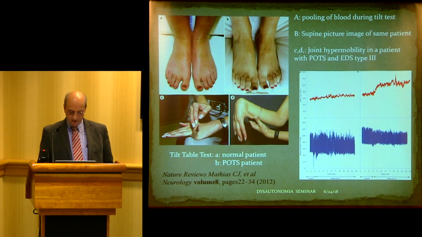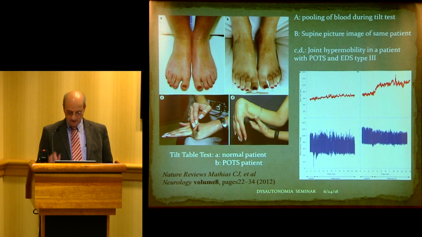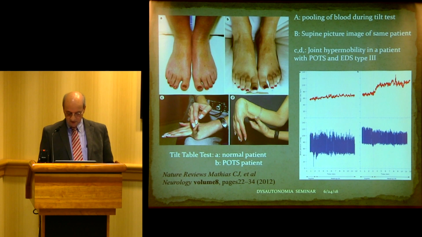with a normal set of graphics on the left as you look at it, and you can see on the right, when you look at that vertical line and you see the red manifestation of the heart rate, the vertical line is the onset of tilt, and you can see that within a relatively short time there is a significant increase in the blood pressure and the heart rate, which is sustained over a fairly long time.